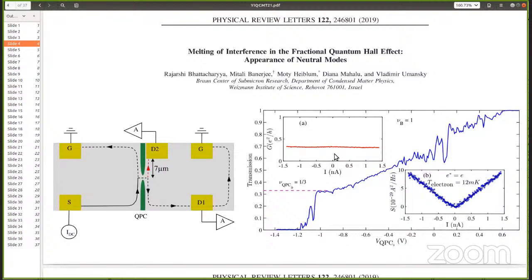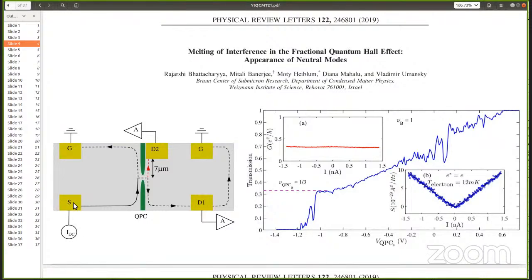It was published in 2019, and on the left I'm showing one of the geometries which they considered. They took a quantum point contact, and on both sides of the quantum point contact you have a nu equals 1 phase, and these yellow squares are the ohmic contacts.